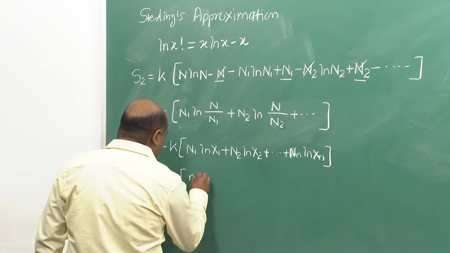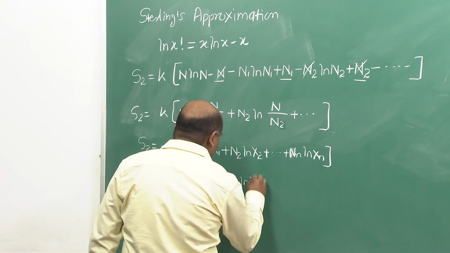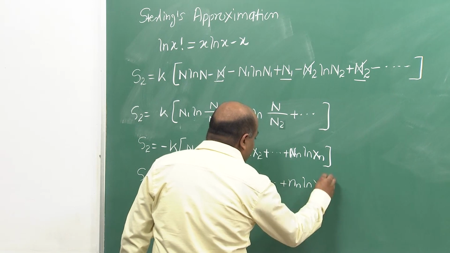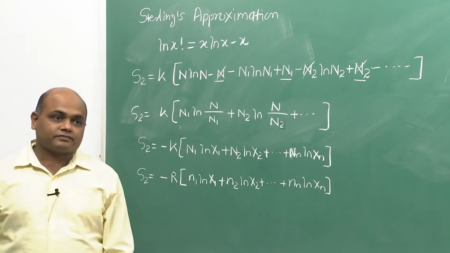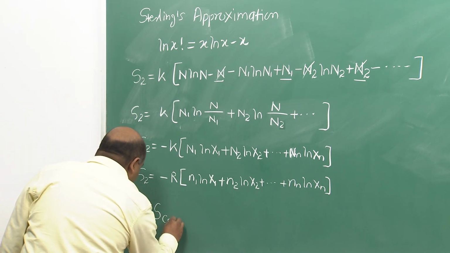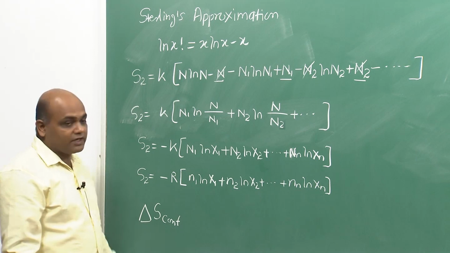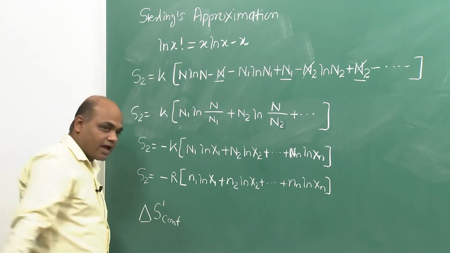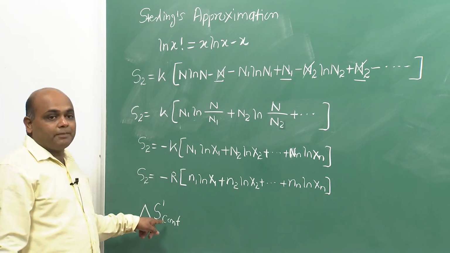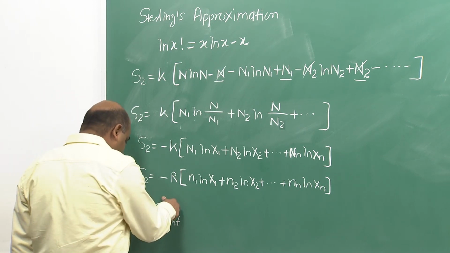So, this will be N1 ln x1 plus N2 ln x2 so on till Nn ln xn. Right. So, basically delta S configurational in this case should be equal to S2. This should be more appropriately delta S prime, because we are talking about the entire system. If we say per mole, we have to divide by the total number of moles. So, we can get rid of this prime sign.